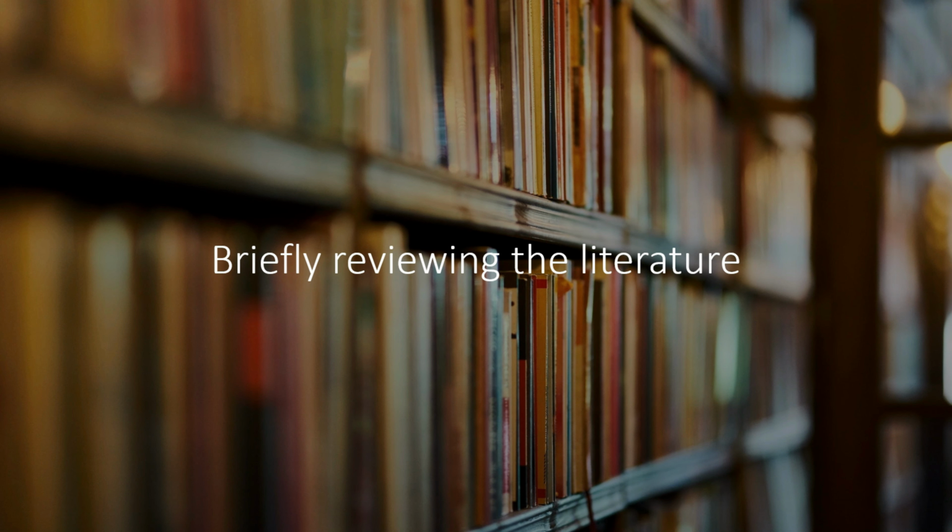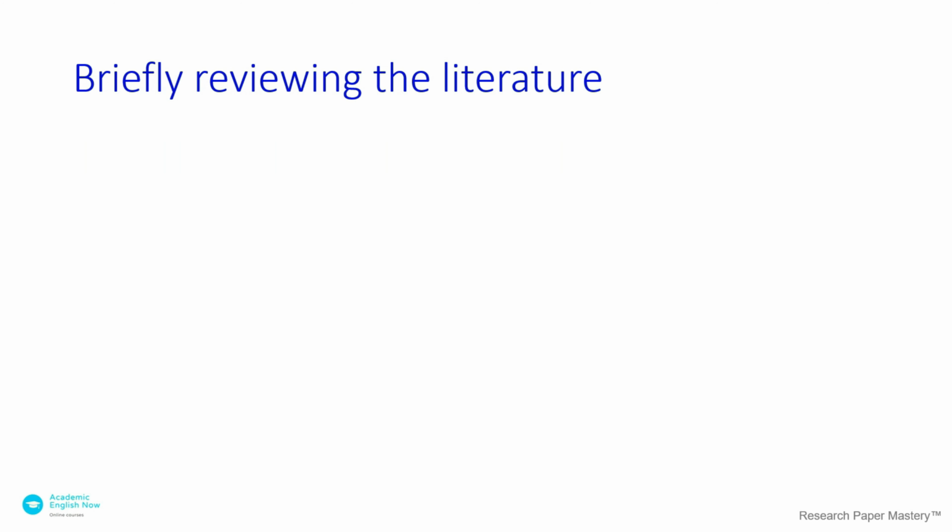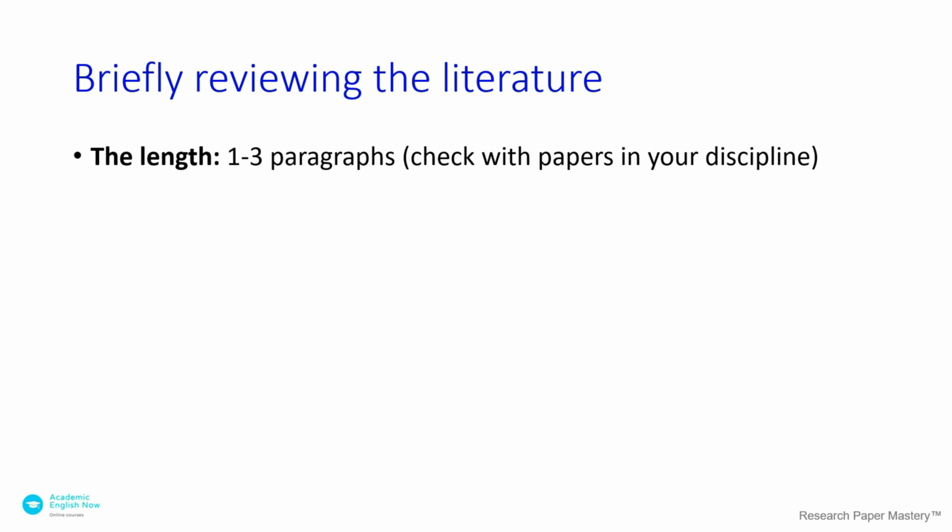All right, so at this stage, you're about 30% into your introduction, and we're getting to another important element now, which is briefly reviewing the literature. So first of all, how long should this be? Well, the length is between 1 to 3 paragraphs, but you really want to check with papers in your discipline.